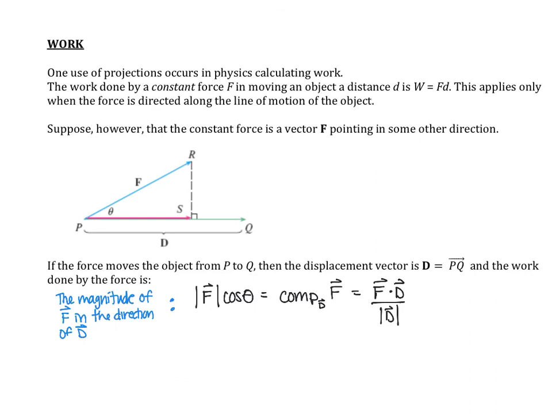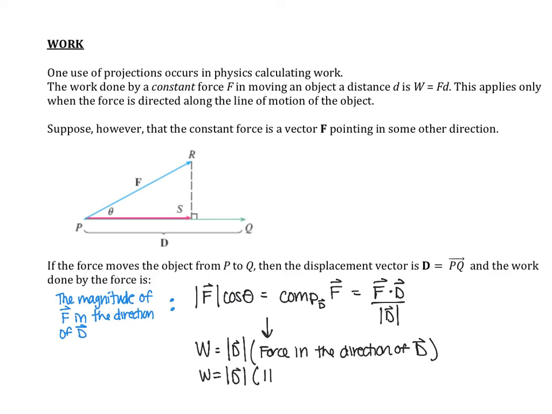So what we know is that this implies that work is the magnitude of D multiplied by the force in the direction of D, which means that work is the magnitude of D multiplied by one of those options.